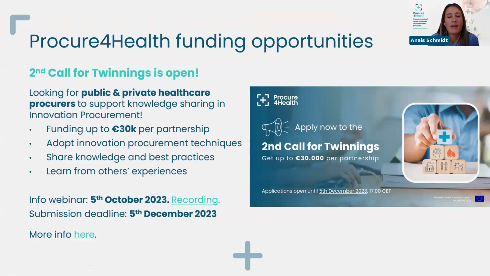We are looking for these procurers to support the exchange of knowledge in innovation procurement, and we are offering up to 30,000 euros per partnership. So the twinning should be proposed in partnerships.